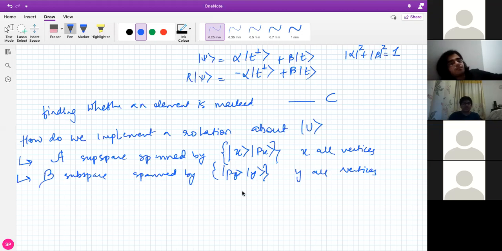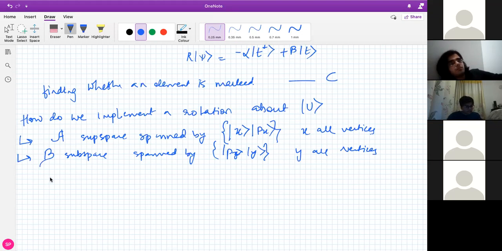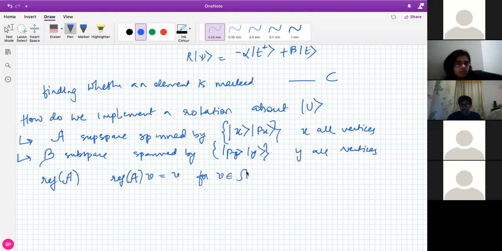There's a difference, okay? Now we define two operations. We call reflection of this A a unitary that takes any vector V which is inside this subspace to itself, and anything perpendicular to the subspace, it will give a -1 phase.